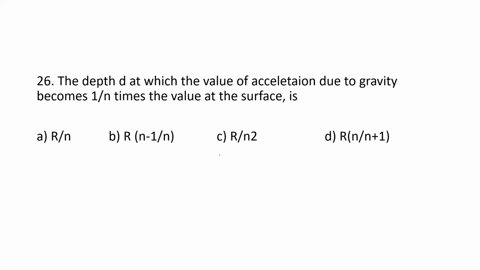Next question. The depth d at which the value of acceleration due to gravity becomes 1 by n times the value at the surface is... See here how to do this one.